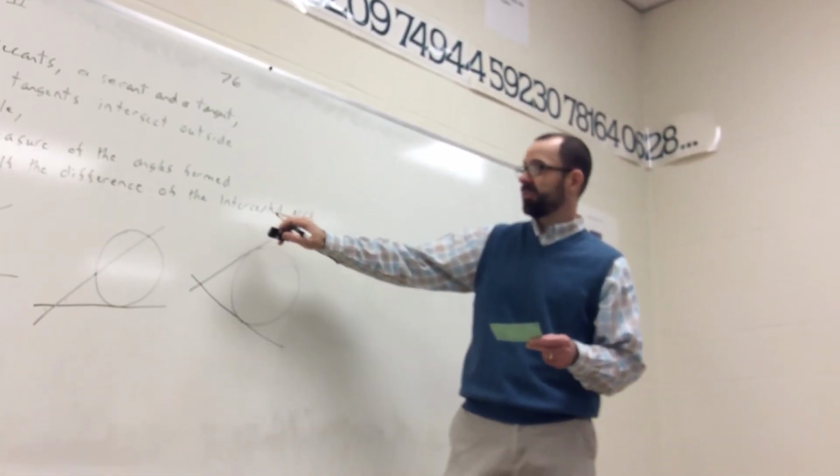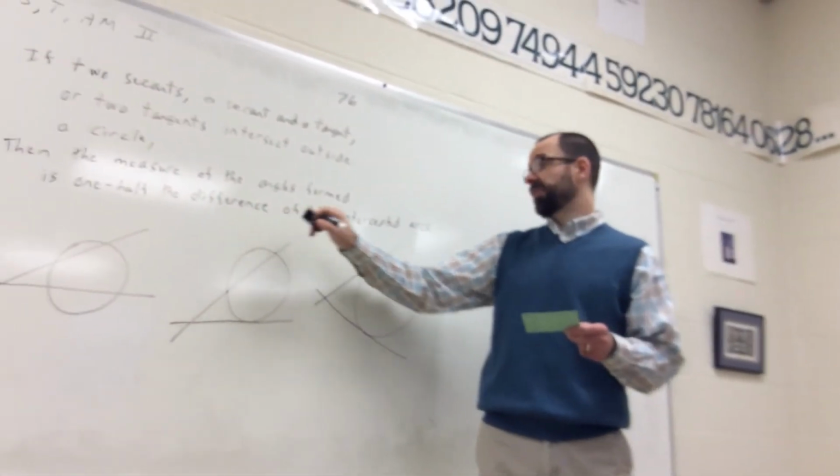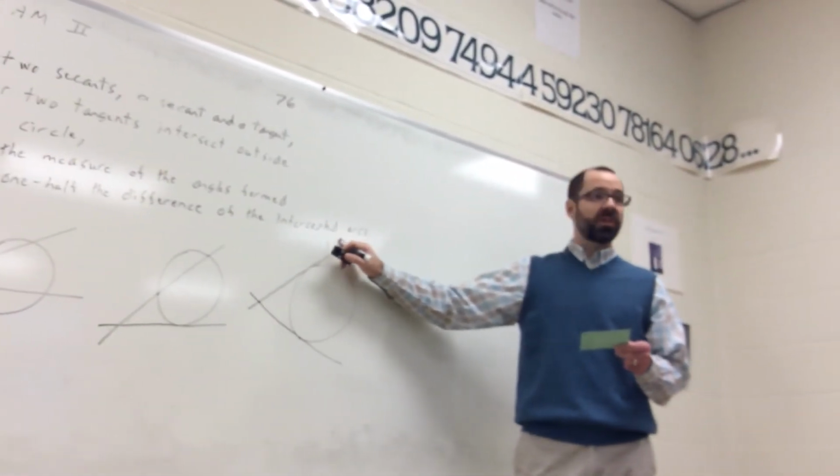Then the measure of the angles formed is 1/2 the difference of the intercepted arcs.